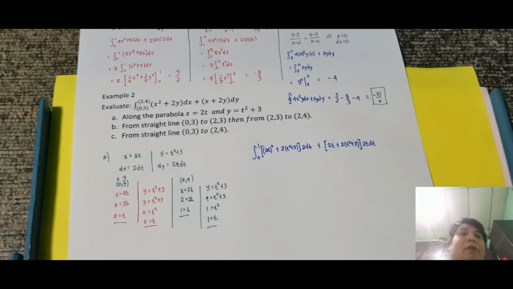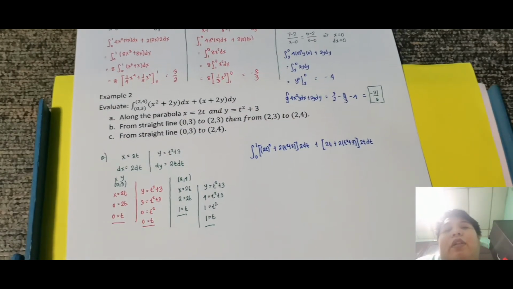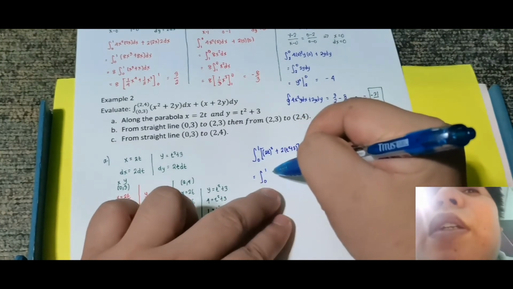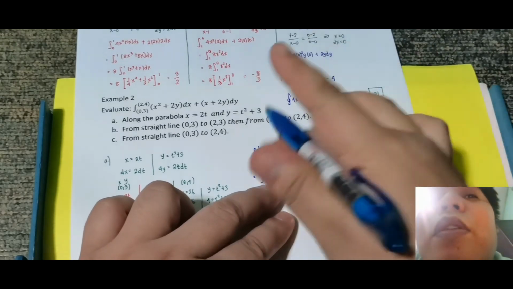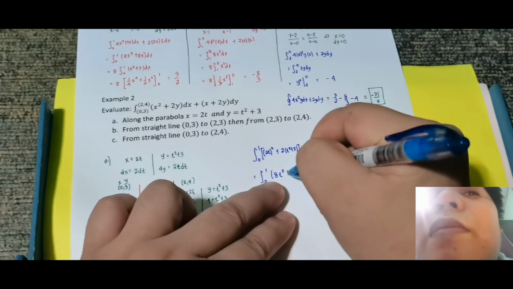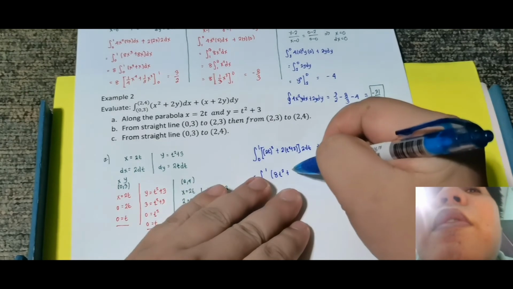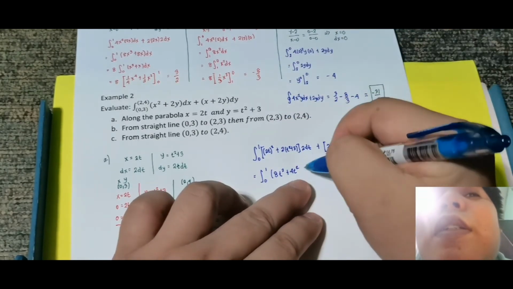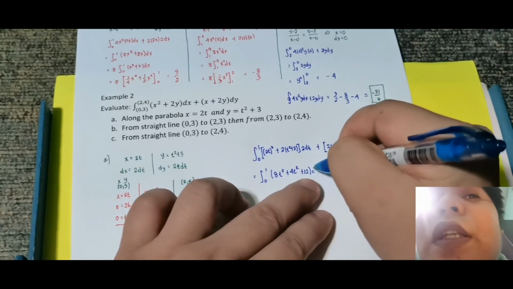Next, of course, we simplify this further. This is equal to the integral from 0 to 1 of 4t squared times 2, that is 8t squared. Next, plus 2 times t squared times 2, that is 4t squared, then 2 times 3 is 6, times 2, that is plus 12, then dt.